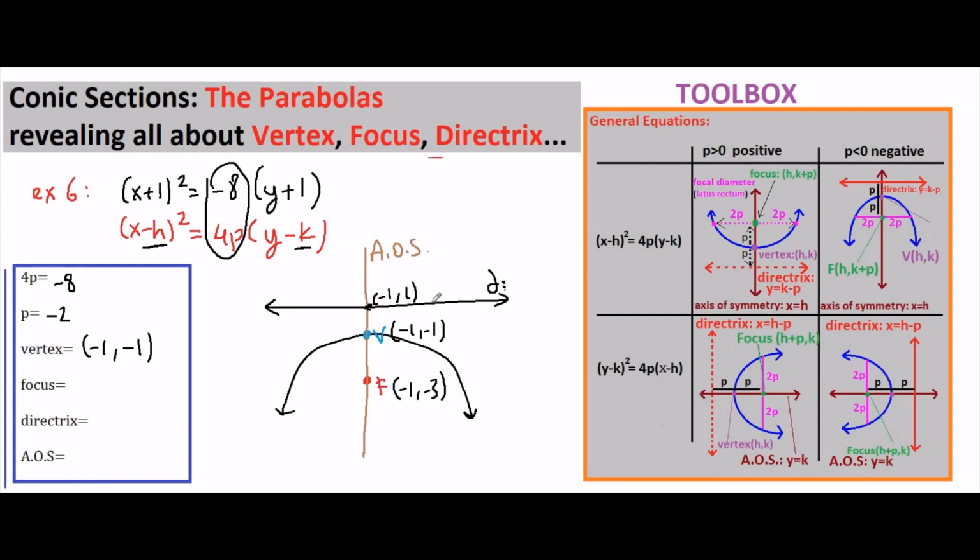The directrix is a horizontal line here, so y equals the y coordinate of this point, which is 1. The axis of symmetry is a vertical line, so x equals the x coordinate of the focus or vertex, which is negative 1. Our focus is (negative 1, negative 3), our directrix is y equals 1, and our axis of symmetry is x equals negative 1.